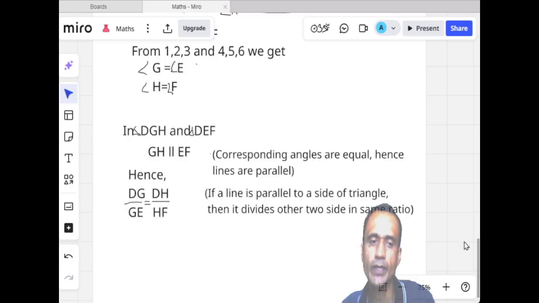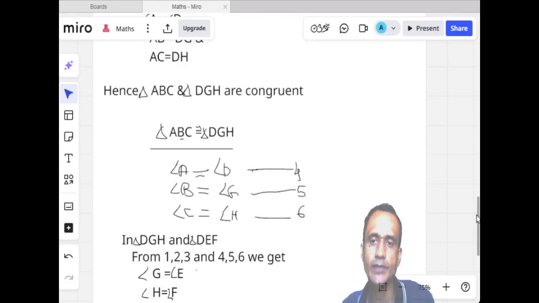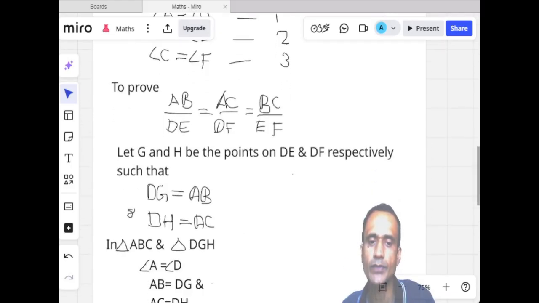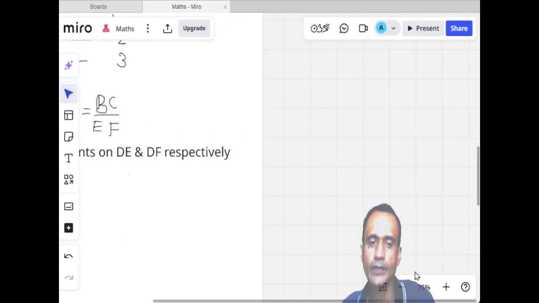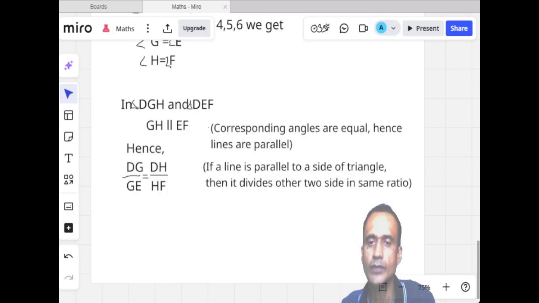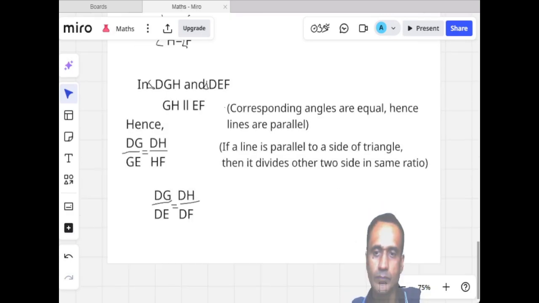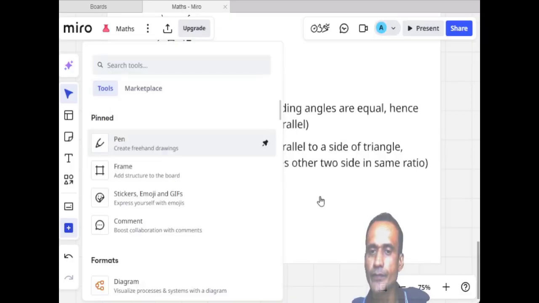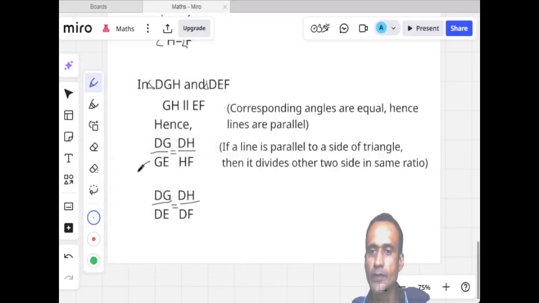But we know by construction that DG is equal to AB and DH is equal to AC. So by inputting these values in this equation, so from this equation we get DG by DE is equal to DH by DF.